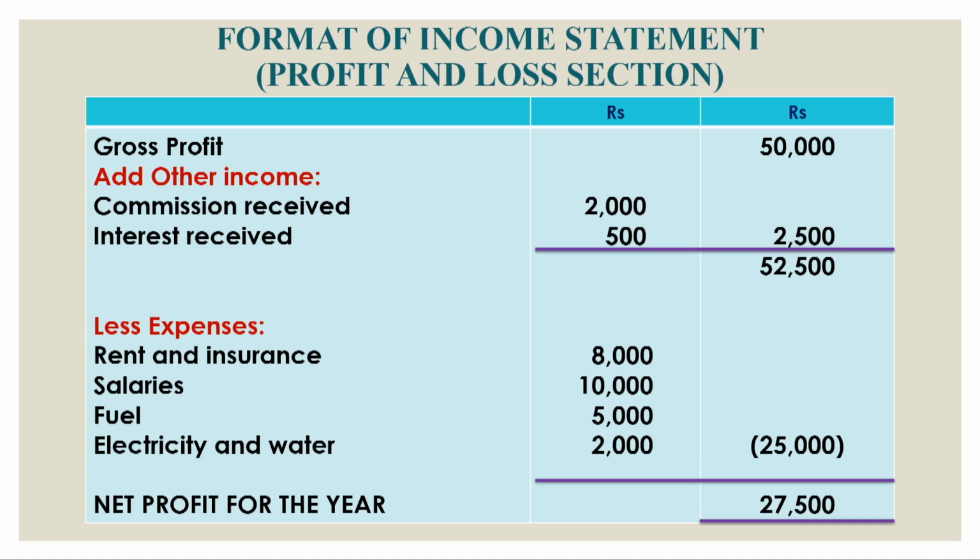Adding all these expenses will give a total of 25,000 rupees. This figure is put into brackets as it should be deducted. Therefore, the net profit for the year is 52,500 rupees minus 25,000 rupees. This brings us to a net profit for the year of 27,500 rupees.